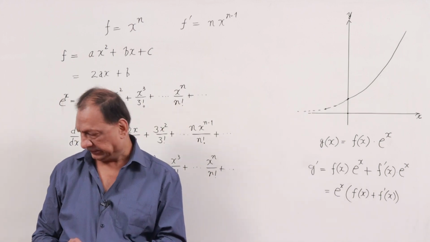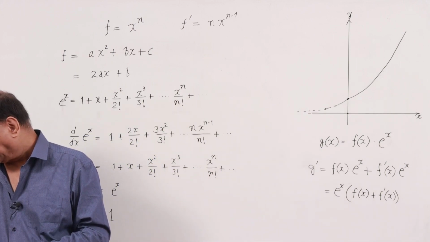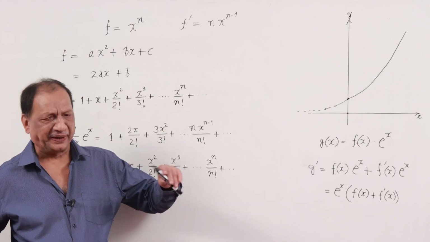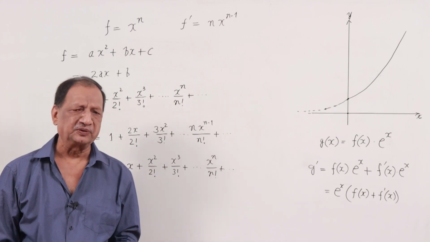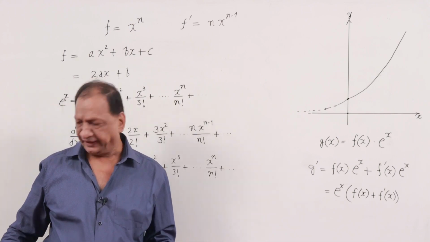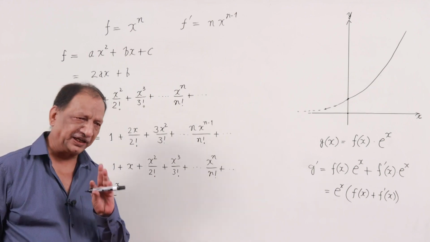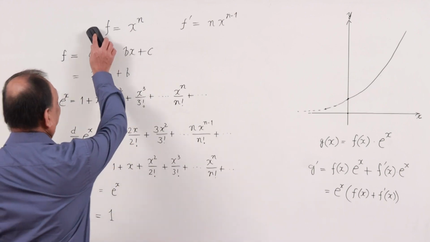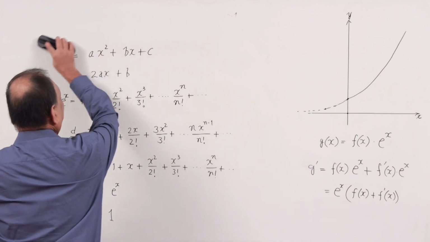Simple end result. So now we can combine these into any kinds of complicated functions and find their derivative, except that we have not looked at trigonometric functions. So let us look at trigonometric functions.